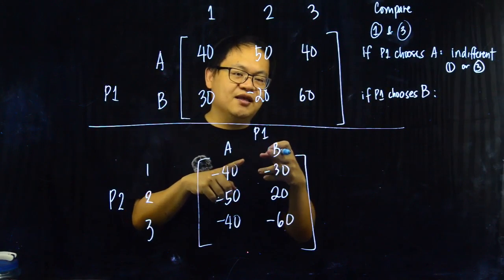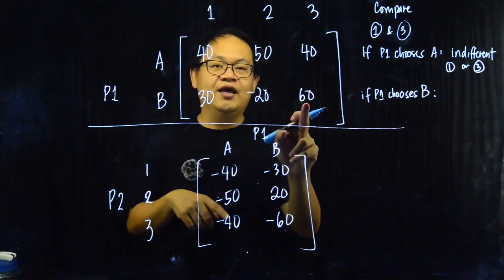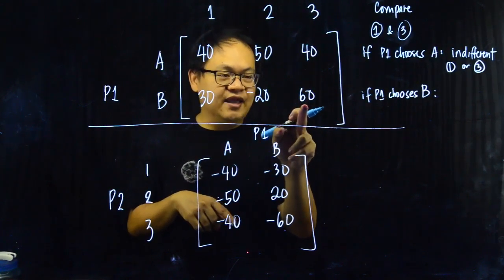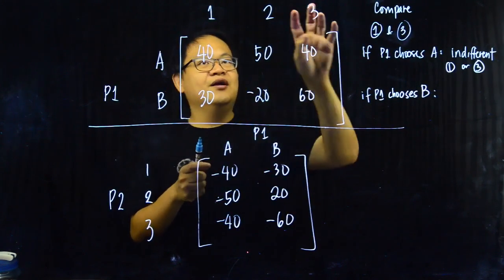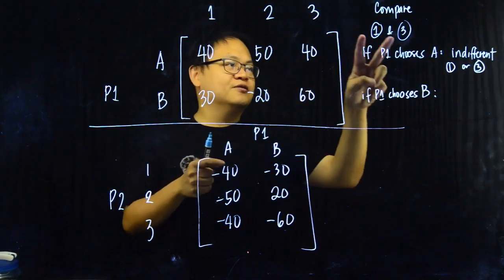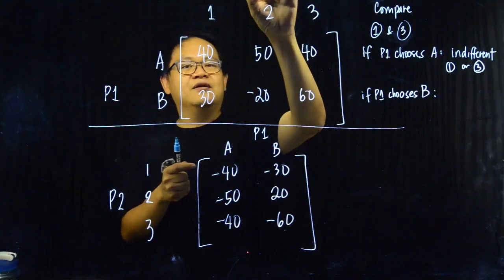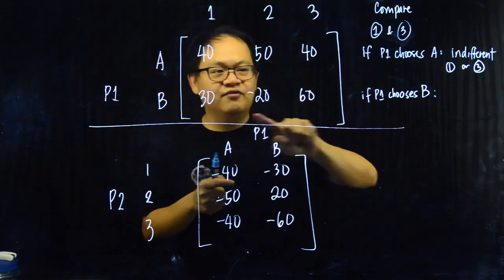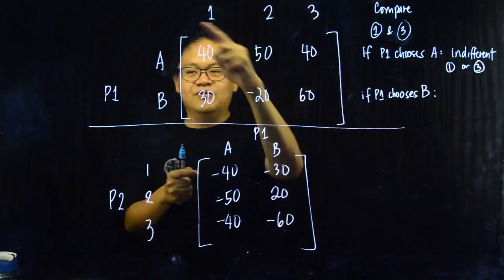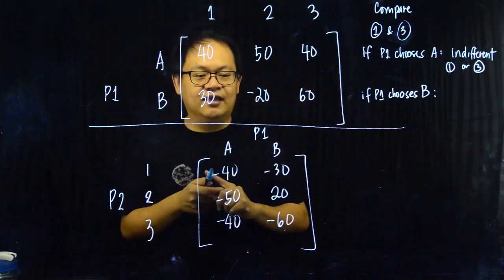One careless mistake is choosing 60. Okay? However, that's a mistake. Why? Because remember, the two strategies that you're comparing, strategy 1 and 3, are player 2 strategies. And the payoff table you are using is in the point of view of player 1.